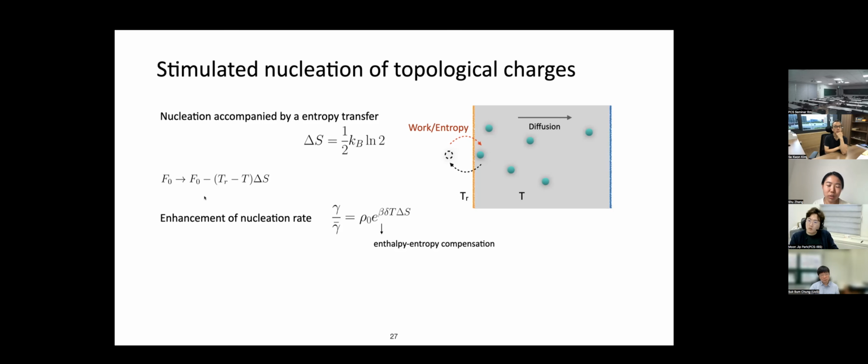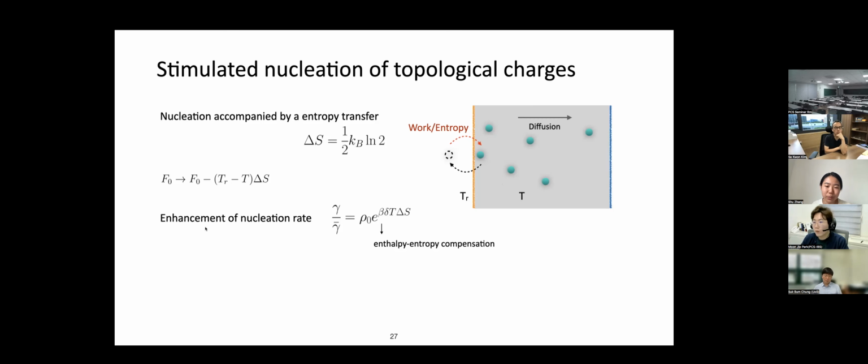And similar to the role of chemical potential, this provides assistance to the free energy that's needed for the injection. And the free energy is corrected by the temperature difference between the edge and the bulk times this entropy transfer.